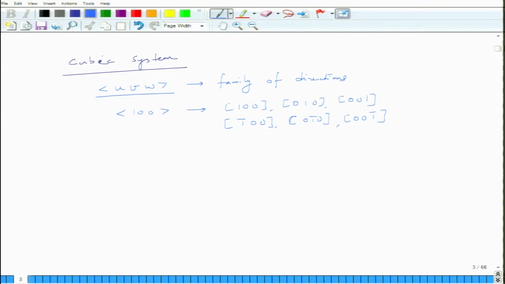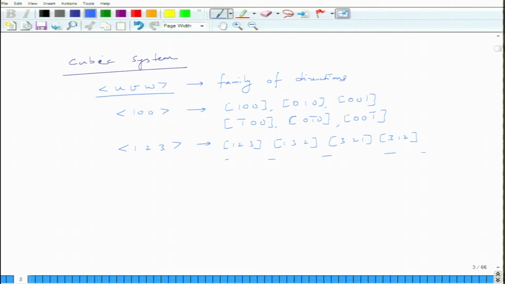Similarly, let us say for 1 2 3 direction, you can have multiple possibilities. You can have 1 2 3, you can have 1 3 2, you can have 3 2 1, you can have 3 1 2, and so on and so forth. You can keep writing the possibilities and you will reach 48 possibilities.